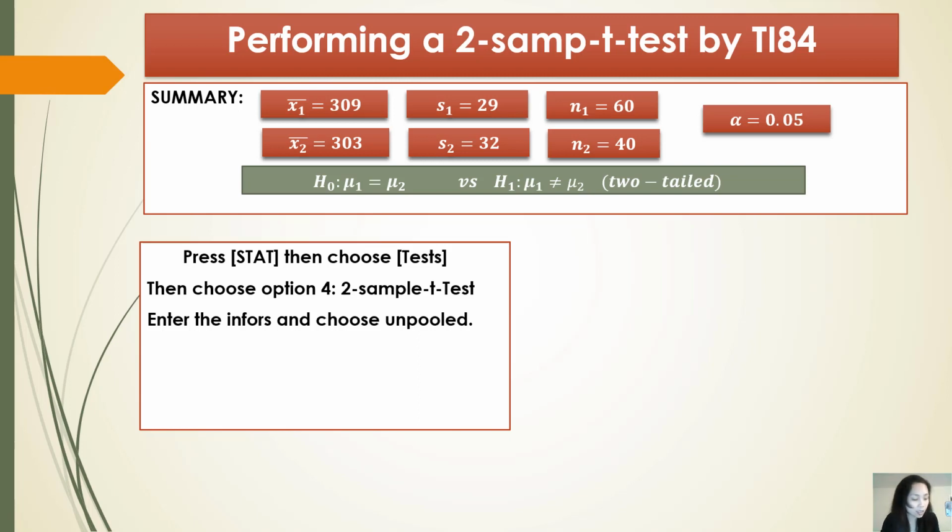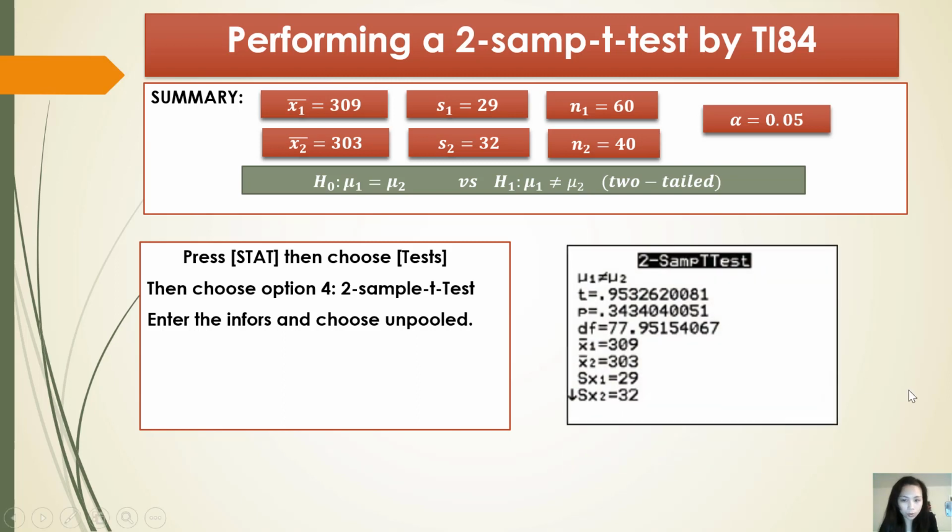If you have a data set, you can enter the data set, but here the problem gives you the statistics, so choose Stats. Then enter x1 bar, which is 309, s1 is 29, n1 is 60, x2 bar is 303, s2 is 32, n2 is 40. The test here is two-tailed, so choose the first option, mu1 not equal to mu2. For Pooled, please choose No. The pooled test is not recommended.